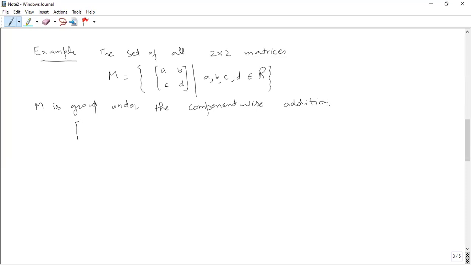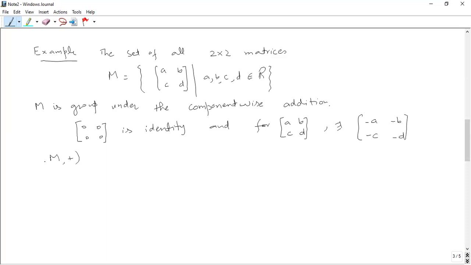Clearly, the matrix with all zero entries is the additive identity, and for the matrix A, B, C, D, there must exist another matrix minus A, minus B, minus C, and minus D, which plays the role of the inverse of the first matrix. So M is a group under ordinary addition.